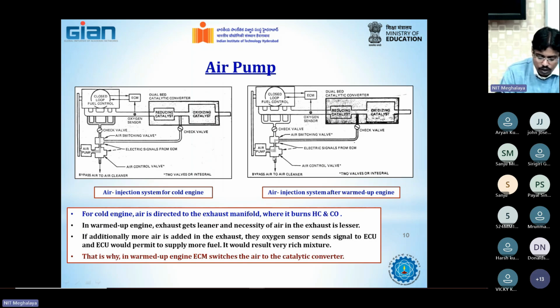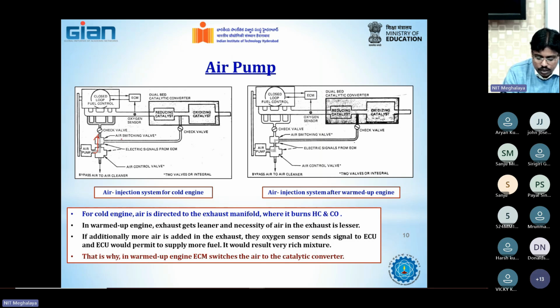As we know, when the engine is cold, that means you are operating at idle condition or warm up condition or low speed condition, then in the exhaust you have hydrocarbon and carbon monoxide emission. With the help of an air control valve and air switching valve, air is supplied to the exhaust manifold.